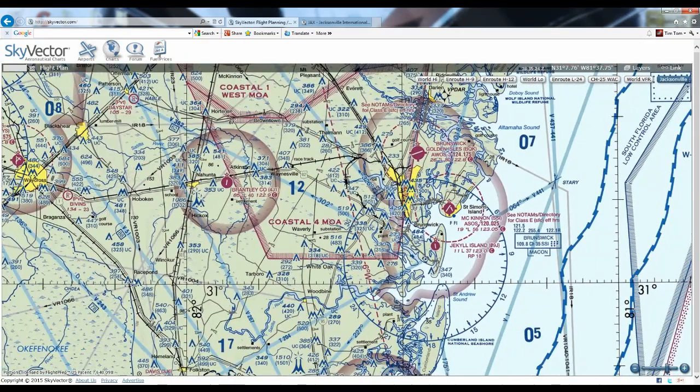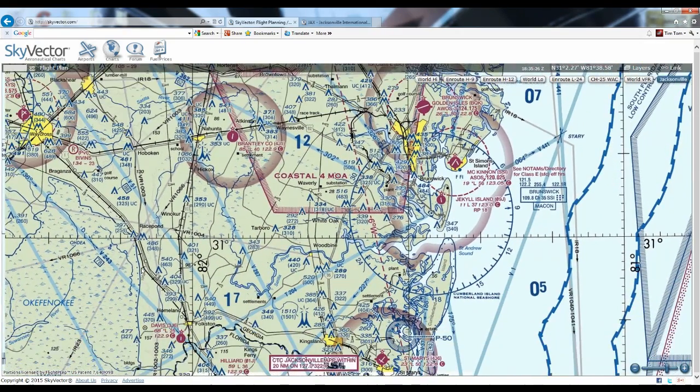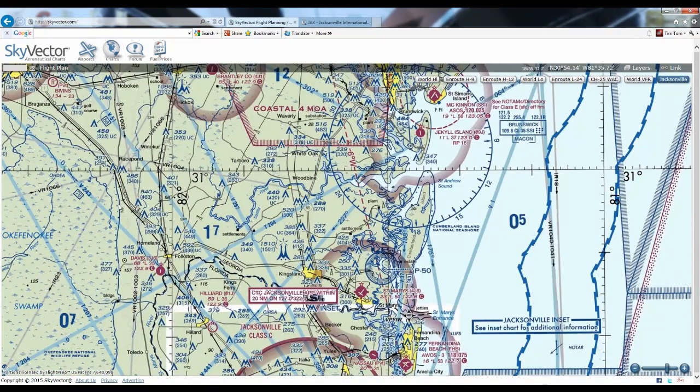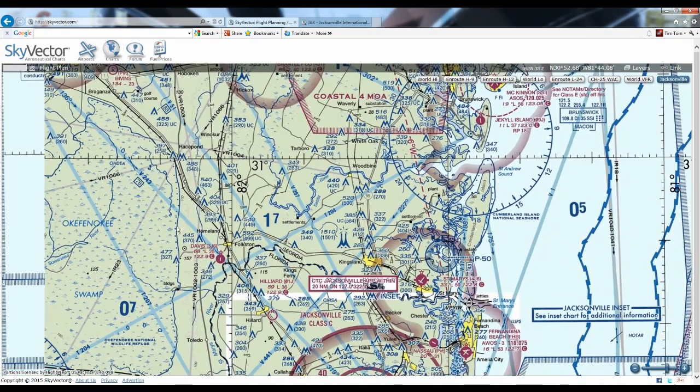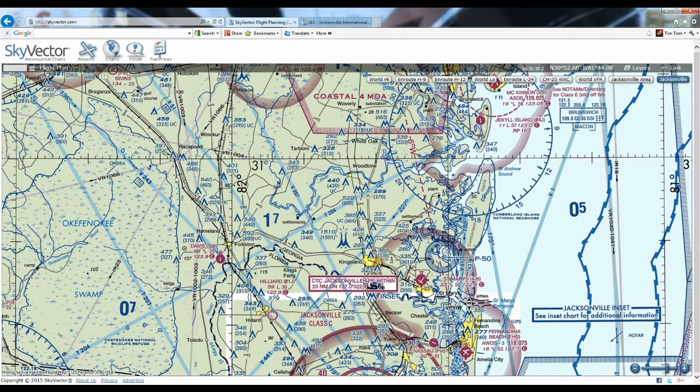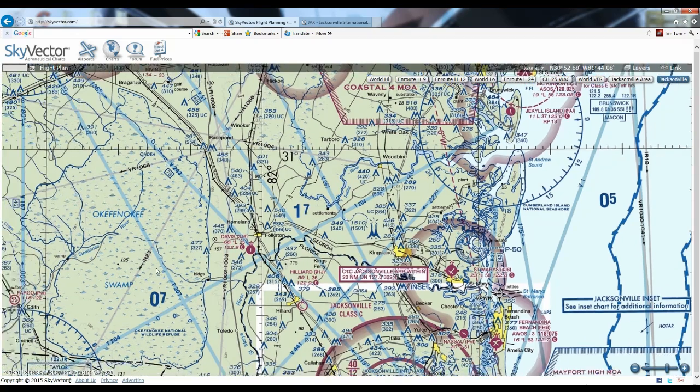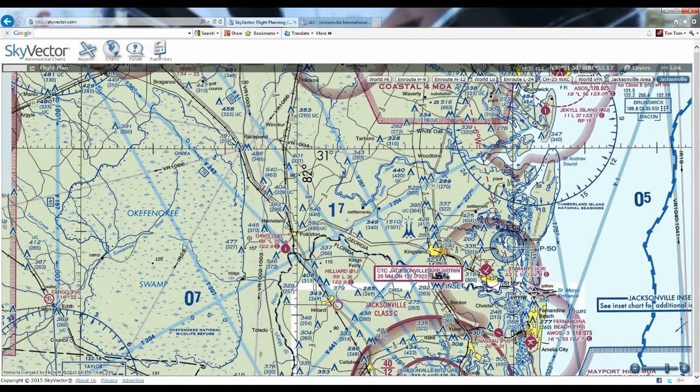Nature reserves such as swamp parks and other things like that, any federal forest park, anything like that, you'll see them here. Here's Okefenokee Wildlife Refuge. You'll see it has a solid line with specks going on the inside of it. And that indicates special airspace where they request you be higher than 3,000 feet MSL when flying over it.